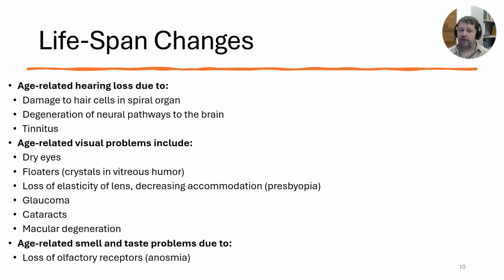Your cells have a certain limit on how many times they can replicate. Okay, that's called the Hayflick limit. And so you only have a certain amount of times that you can replenish your cells. And in many cases, if it's a neuron or a nerve cell that's damaged, although the olfactory, we already talked about it, they do have the ability to reestablish themselves, but only a certain number of times.